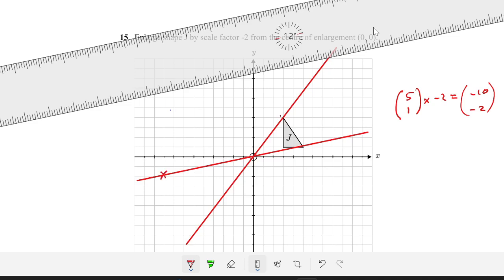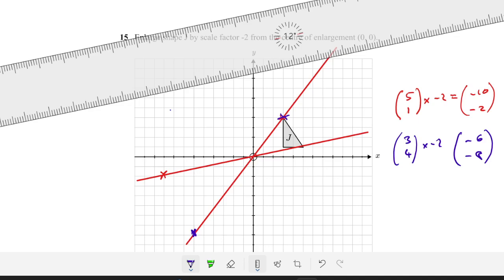Then I'm going to look at this point here as well. Let's change colour just to show that. That point there is going to be 3 across and 4 up. Times by minus 2 is going to take me to minus 6, minus 8. So that point will move to there.